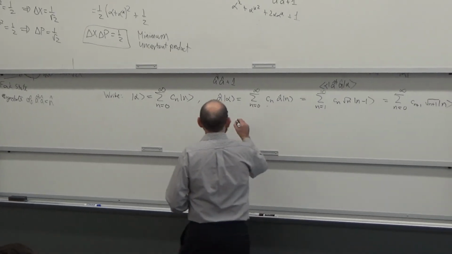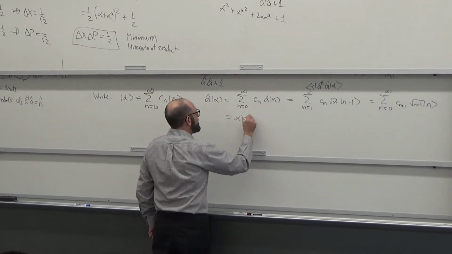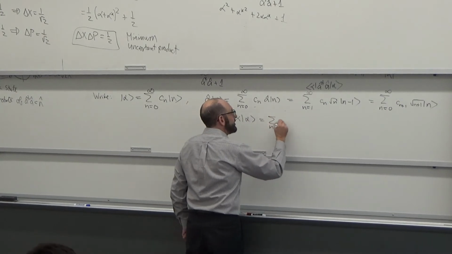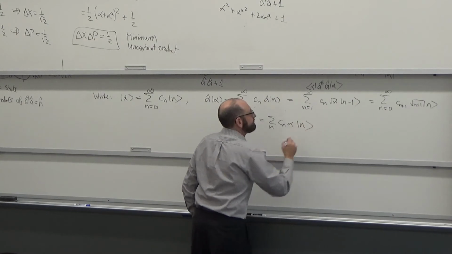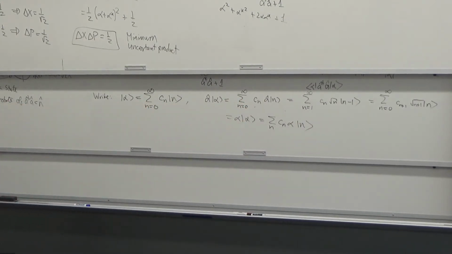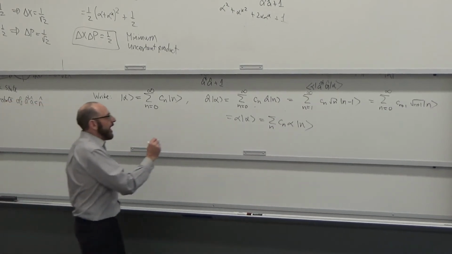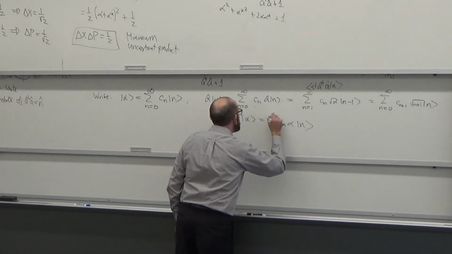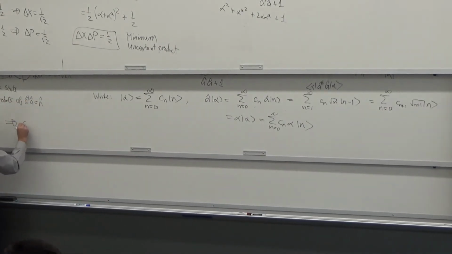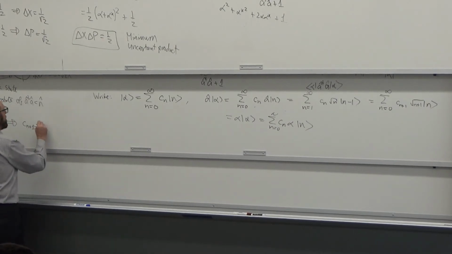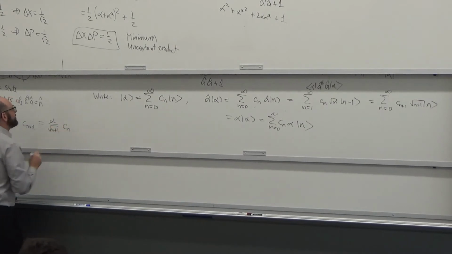This is supposed to equal alpha times that. So, with that said, I have a recursion relation that says for this equation to be true, I set C sub n plus 1 equal to alpha over root n plus 1 times C sub n.